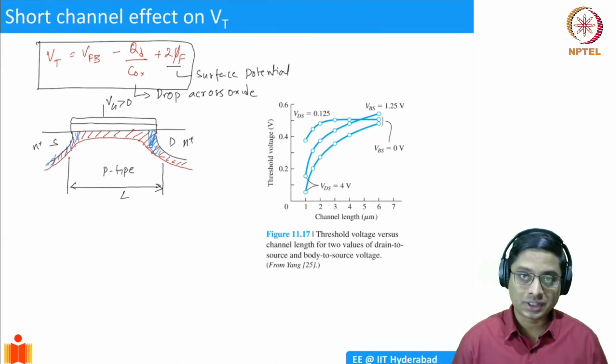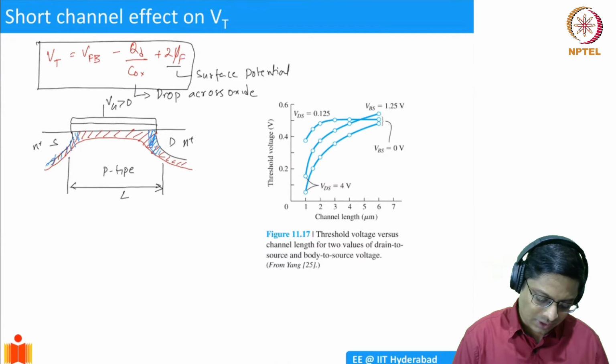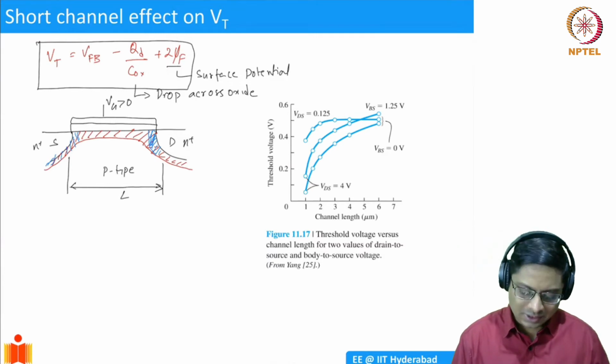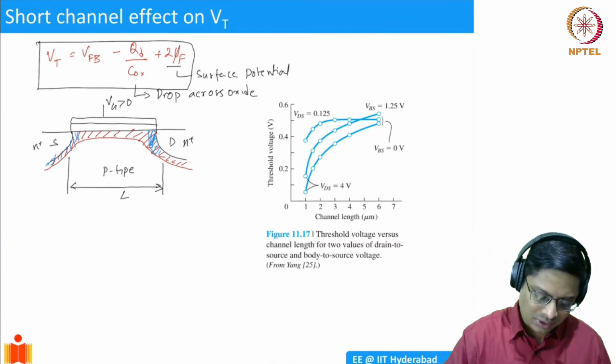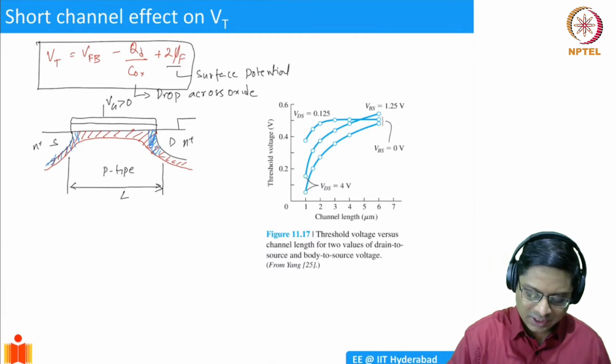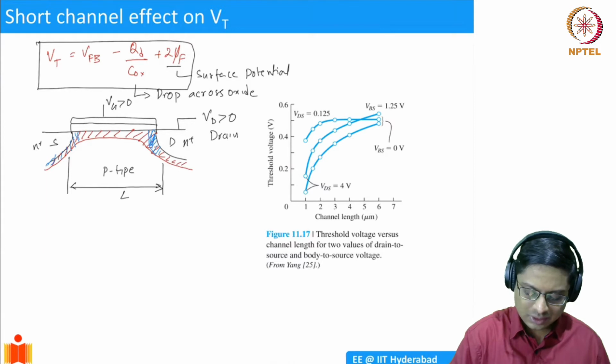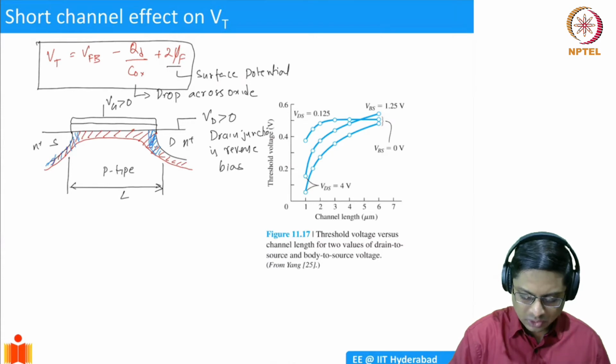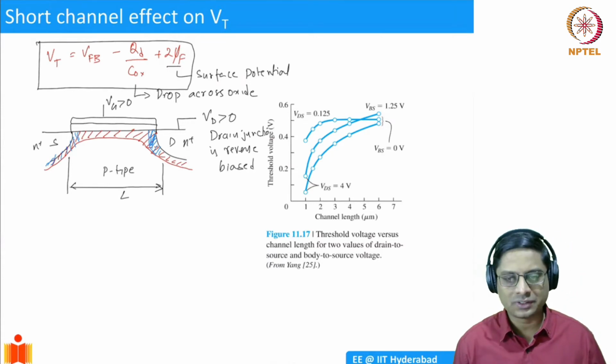They are also reverse biased, correct? At best, in this case, the source is at ground and the bulk is at ground, so there should be some built-in depletion width. And in the case of a drain junction, in a typical NMOS, we might actually have VD greater than 0. So this drain junction is reverse biased, because we are applying a positive voltage to the N-type device.